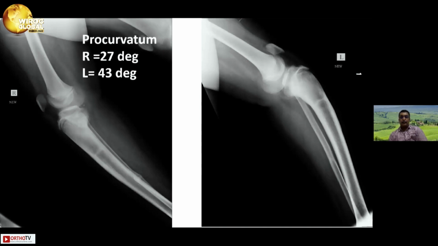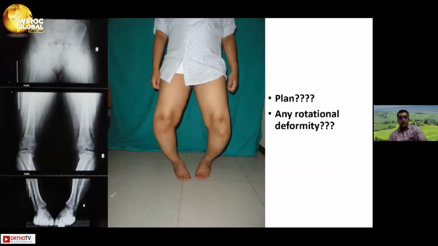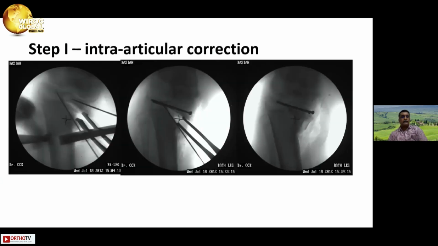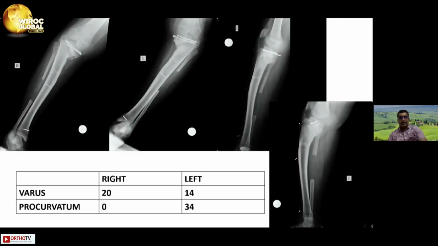It was an oblique plane deformity on the right. So we don't know whether there was a rotational deformity. We took a CT scan, not for the rotational deformity, just to see the intraarticular deformity. Step 1 was intraarticular correction on both sides and screw fixation and fibula strut grafting just to hold the osteotomy in place. Now we have a varus deformity on the right and an oblique plane deformity on the left.